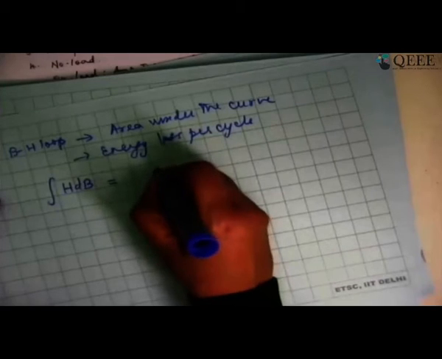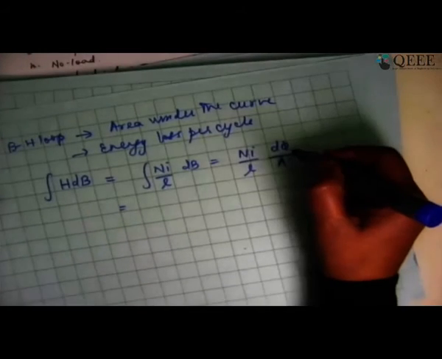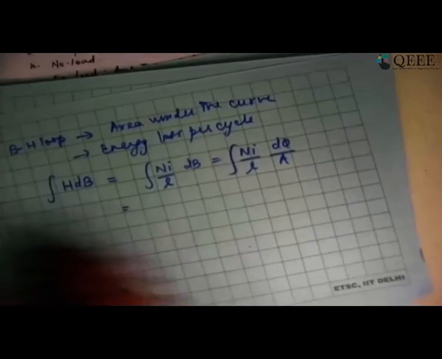So H dB, I can write this as H defined as Ni divided by L, and dB, I can write as d phi divided by A, because flux is equal to B times A, right?